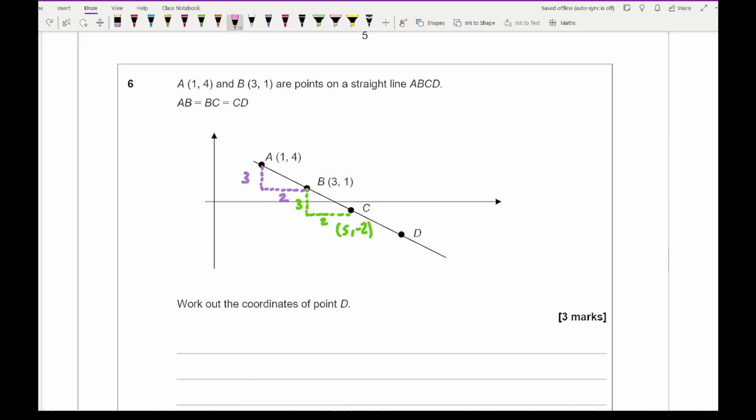Then if I do the same, going down 3 and across 2, across 2 will mean that this coordinate here is now 7, and the y ordinate is going to go down 3 from minus 2, which is going to be minus 5, so the coordinate of D is going to be (7, -5). Now for the 3 marks, it's really important that you do work out the coordinates of C and the coordinates of D.